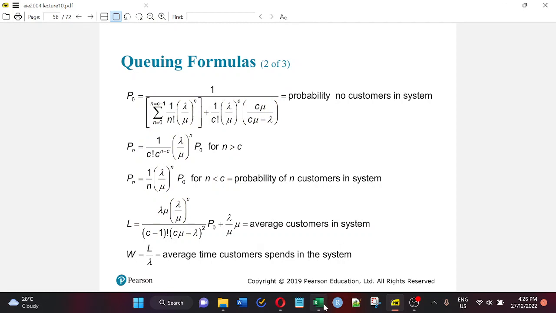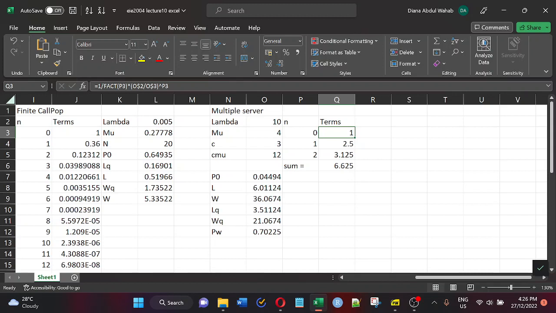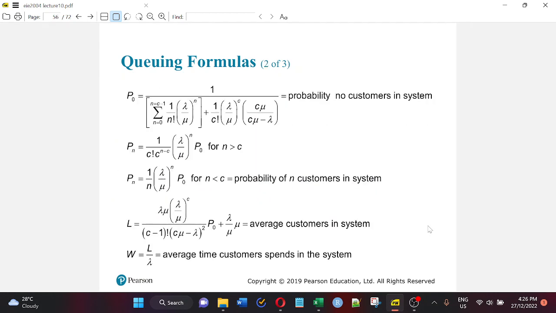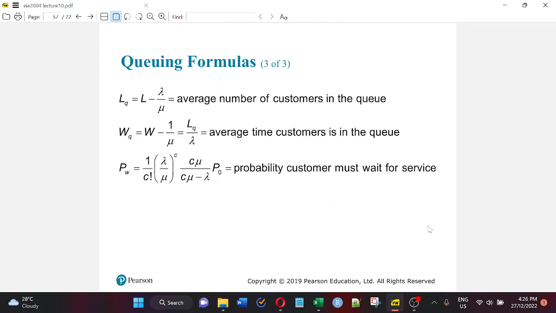So this one is given by this formula, and I compute from 0, 1, and 2, and then I compute the sum. So the P naught is given by quite lengthy also, this one. So you just follow all the formula, and then you get the L, LQ, WQ, and etc.